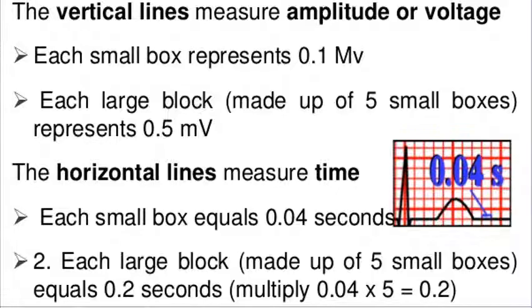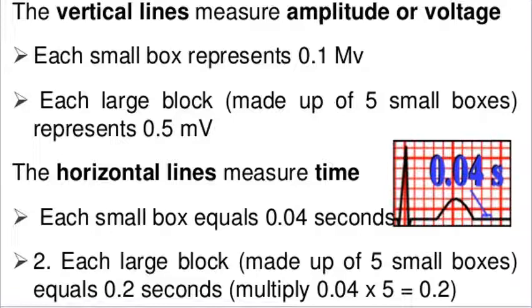The vertical lines measure the amplitude or voltage. Each small box represents 0.1 millivolt. The horizontal line measures the time. Each small box equals 0.04 seconds.